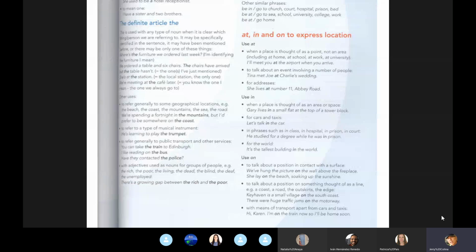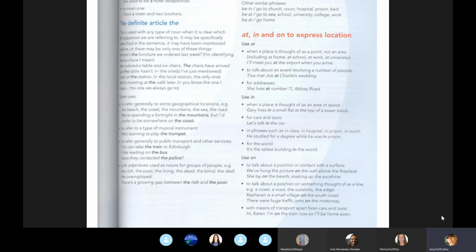We use at when you refer to a place, and you use at because you are thinking of that place not as an area, but as a point. How confusing. Yes. We use at to talk about an event involving a number of people. For example, Tina met Joe where?